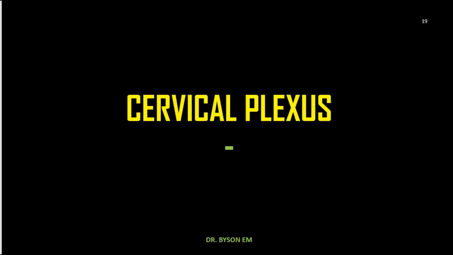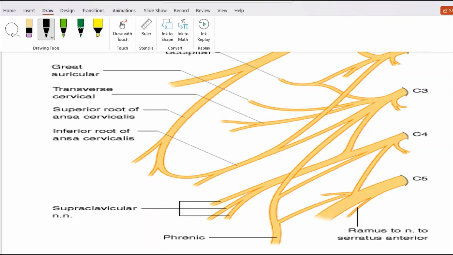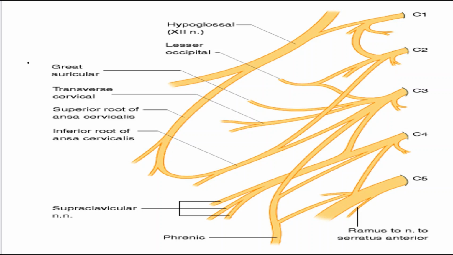Let's look at the cervical plexus. The cervical plexus is a nerve network that is found in the neck. We briefly talked about this when we were talking about the posterior triangle of the neck. It comes from C1 and goes all the way up to C4, but you also have contributions from C5.